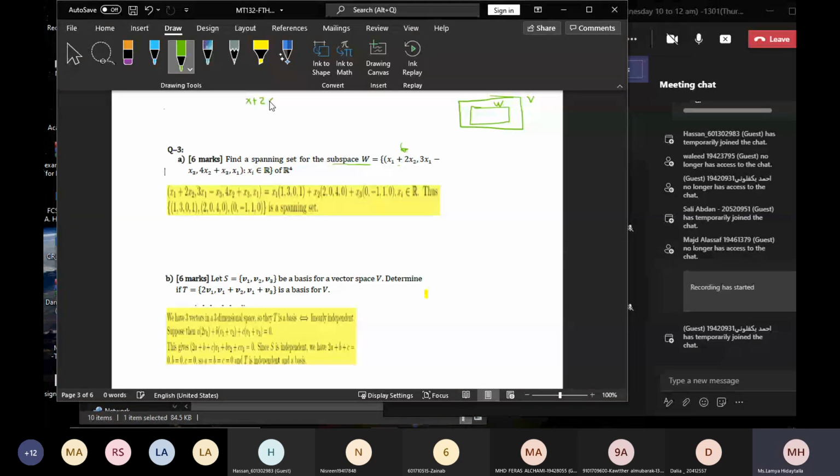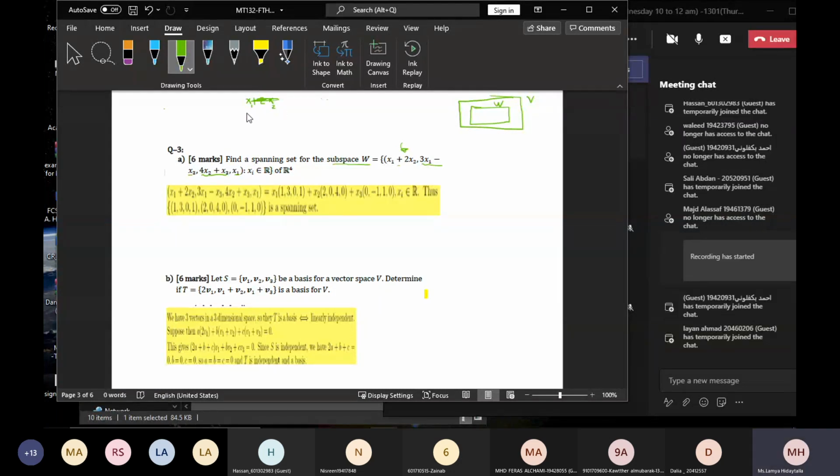x1 plus 2x2, this is the first element, and the second one 3x1 minus x3, and then 4x2 plus x3, and here x1.